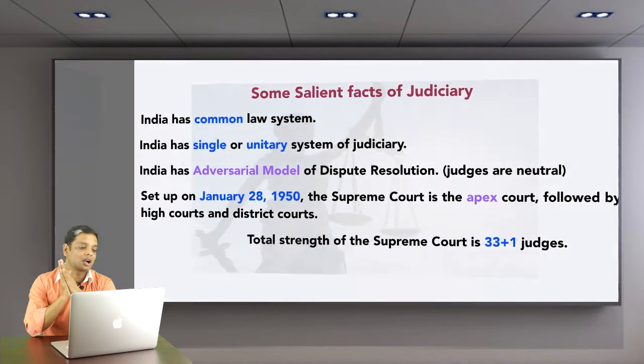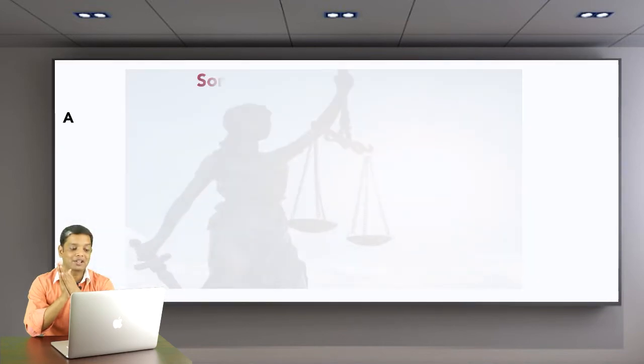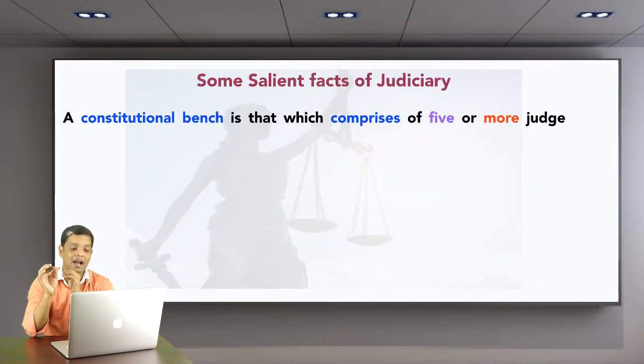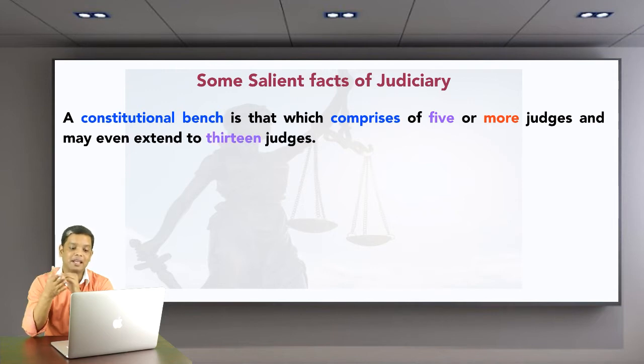A constitutional bench is one which comprises 5 or more judges and may even extend to 13 judges. So a bench consisting of 5, then 7, then 9, then 13 judges is known as a constitutional bench.